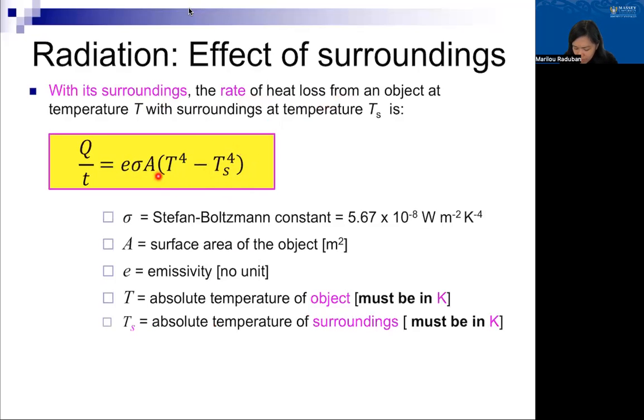A way to understand this equation: you see you have this E times sigma times A being multiplied to this bracket here. And we said that if you have a factor multiplied to a bracket, we can distribute that factor to each term of the bracket. So we can expand this equation like this.